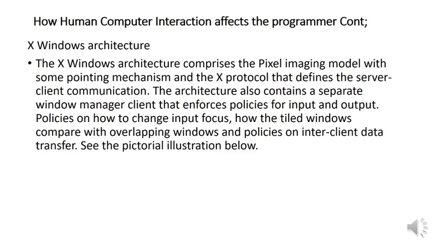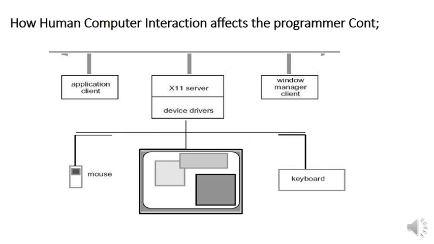See the pictorial illustration below. You can see the image also of the X server, the device driver, then the window management client, the applications, and we have the interface for the user.